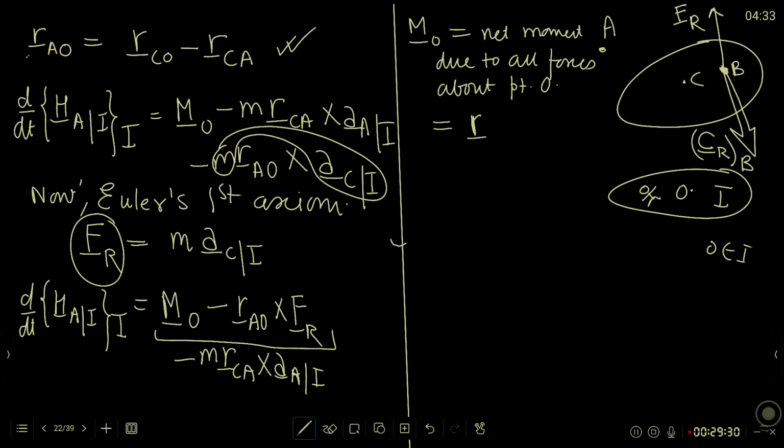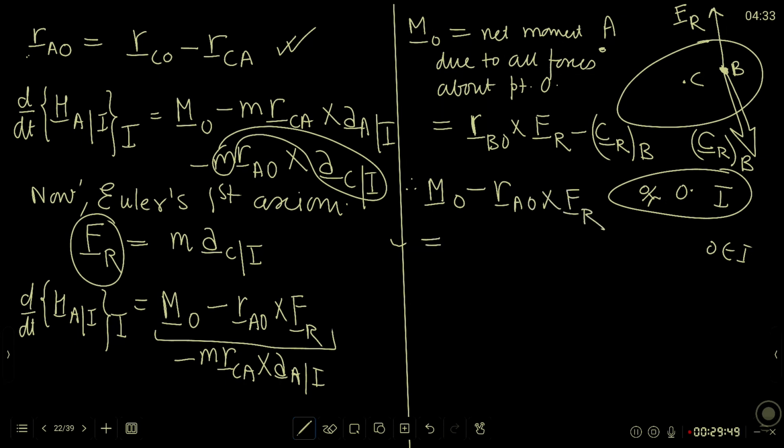Alright. Therefore, MO minus RAO cross FR will be what? Will be RBO cross FR minus CRB minus RAO cross FR.